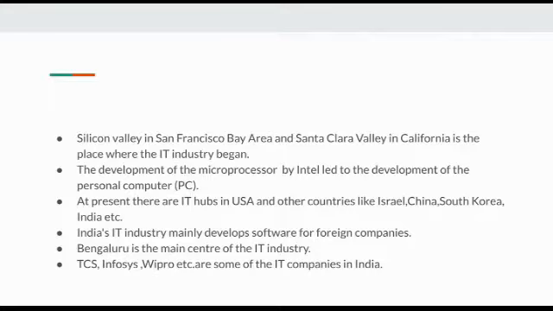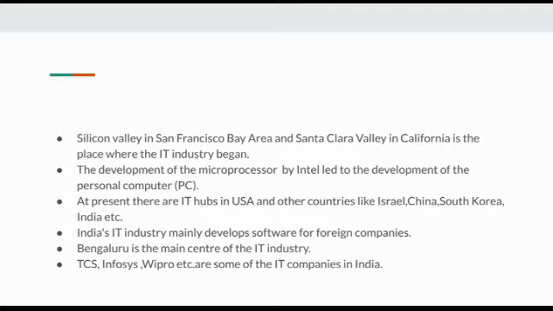Bangalore is the main center of the IT industry, and among the other centers are Hyderabad, Chennai, Mumbai, Delhi, Noida and other places. Some of the IT companies in India are TCS, which is Tata Consultancy Services, Infosys, Wipro, etc.